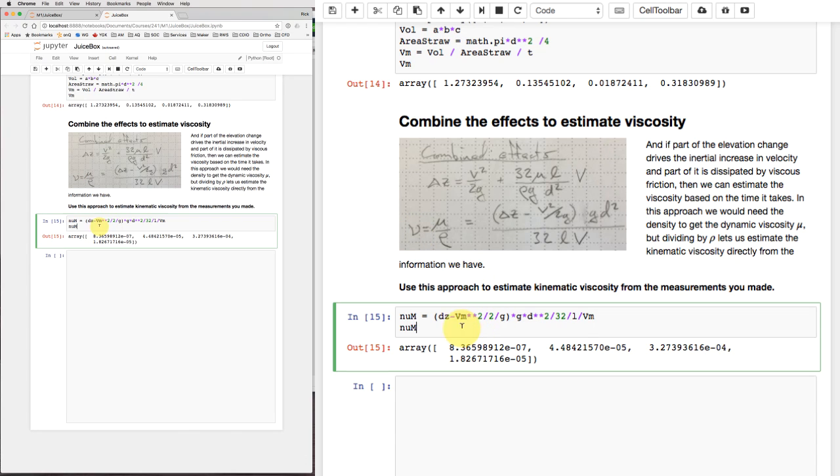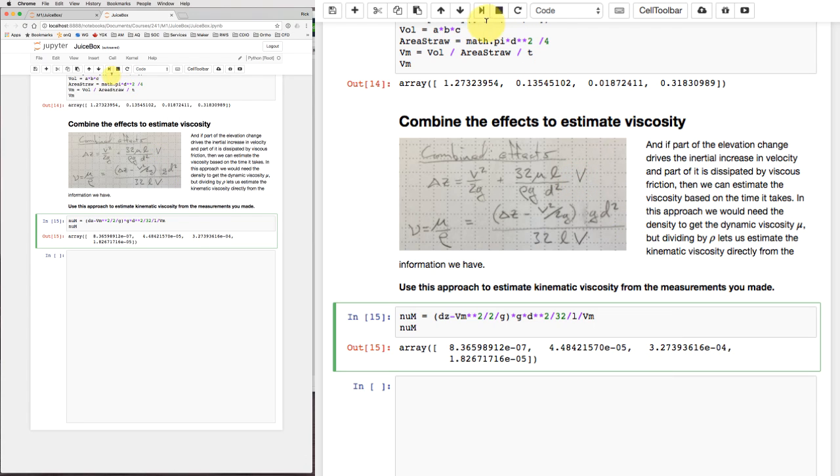Here I'm going to calculate the kinematic viscosity based on this equation up here. So this is just the same equation: delta Z minus the measured velocity squared divided by 2g, times g times d squared divided by 32, divided by L, divided by the measured velocity. Then I can print that out and see what values I get for viscosity.